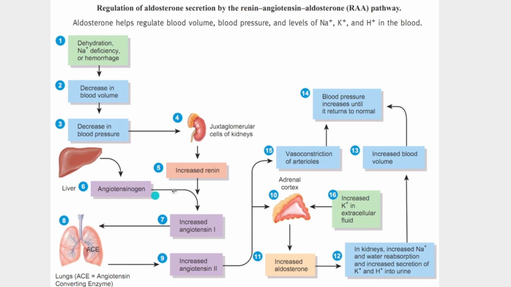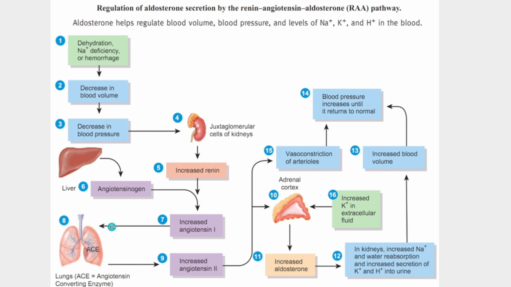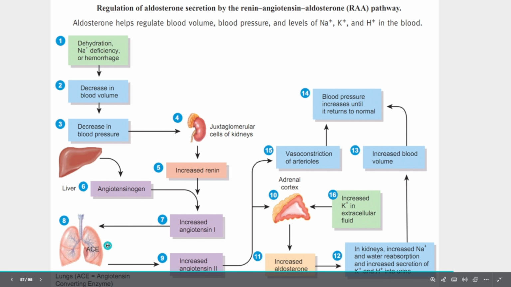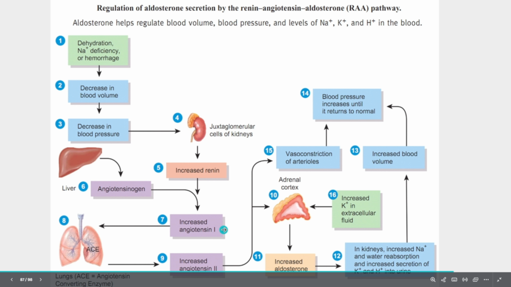The liver secretes the plasma protein called angiotensinogen all the time. So when renin is present, it will catalyze angiotensinogen into angiotensin 1. When angiotensin 1 increases in concentration, it stimulates the lung to secrete angiotensin converting enzyme, which is ACE, the enzyme that catalyzes angiotensin 1 into angiotensin 2.